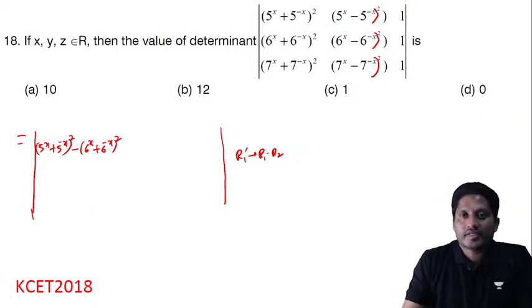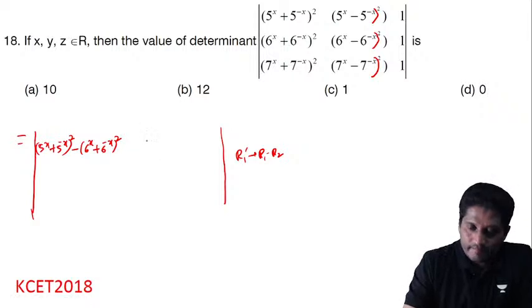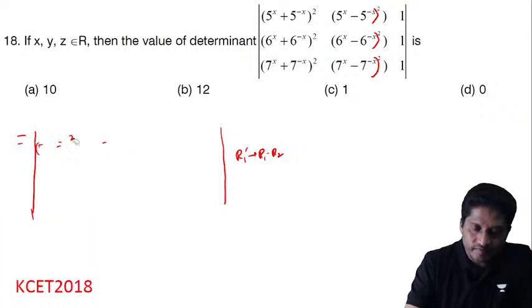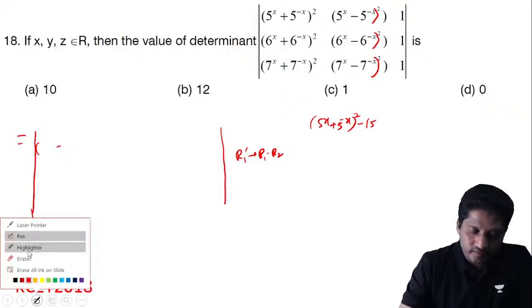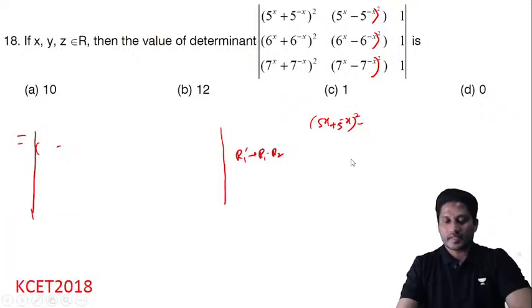Right, now if I simplify this, I'll simplify here itself and then I'll substitute: 5 power x plus 5 power minus x the whole square minus 6 power x. I'm changing R1 to R1 minus R2.